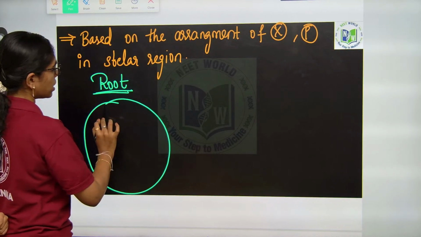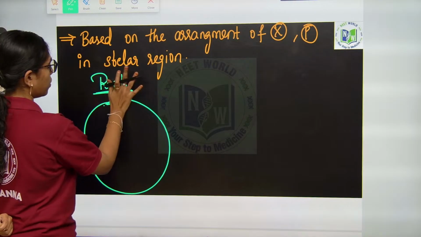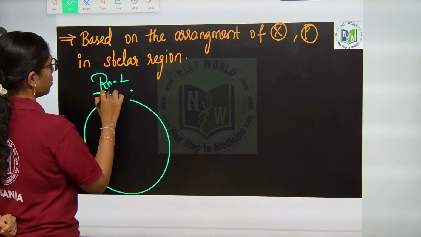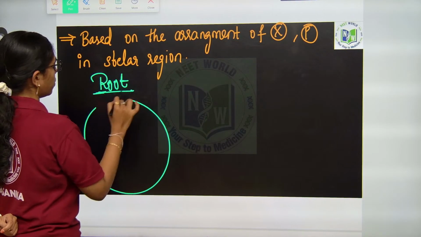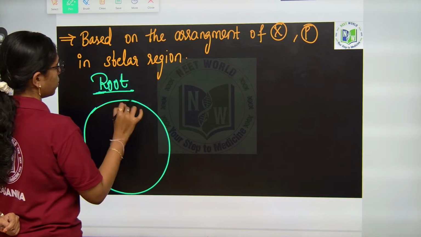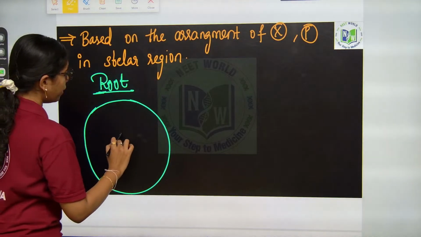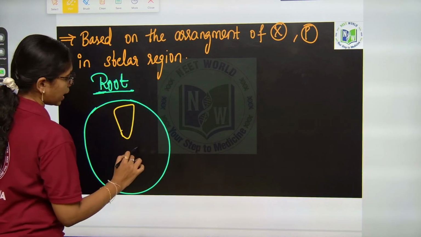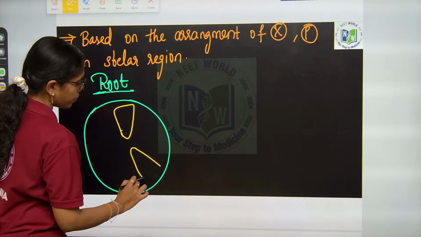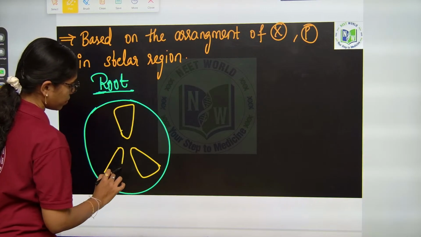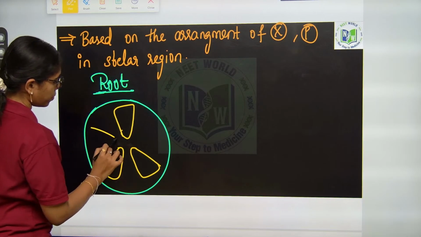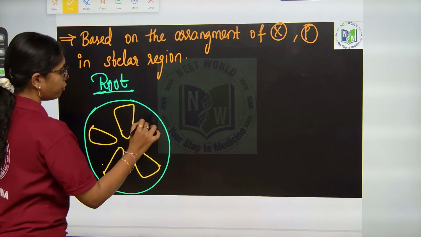If you have to take a stele, the outermost region is what? Pericycle. In that we have xylem and phloem.